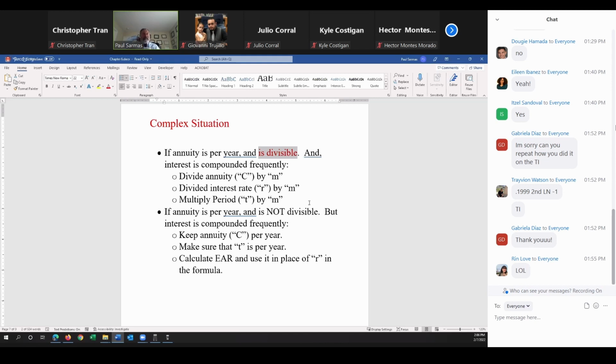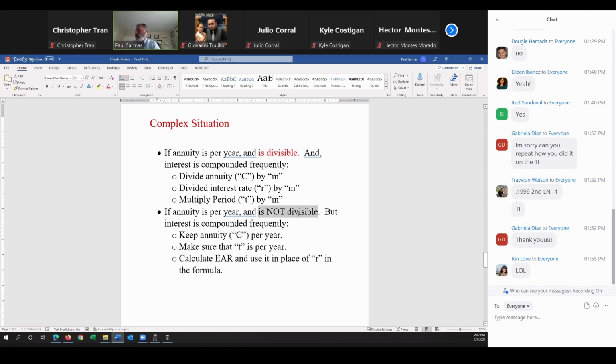Can you do that? Yes. You can convert your T into number of days or months. R is compounded per month or per day by dividing it by M. And C you can divide by M because it's divisible. They tell you that.